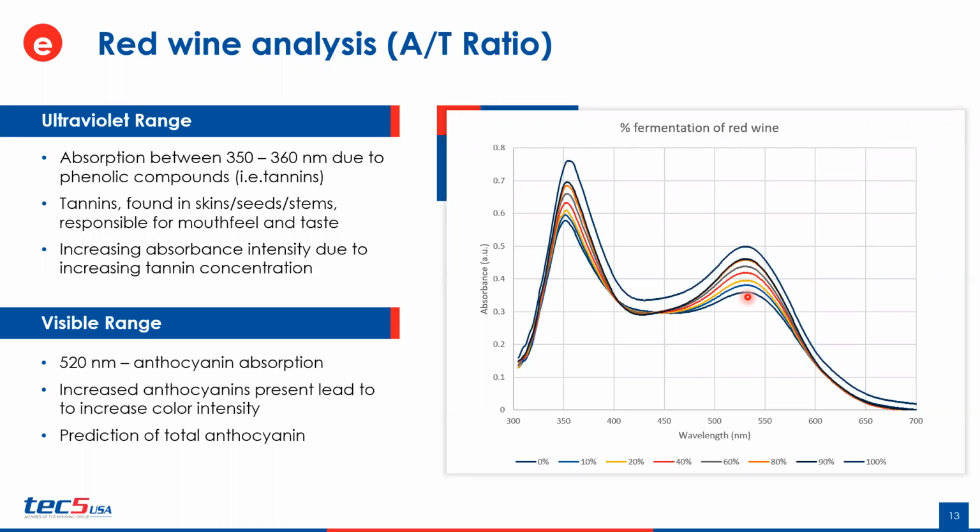You can see the increased intensity in concentration, or in the absorbance, as you go to longer lengths of time. And this directly relates to the prediction of the total anthocyanin. So allowing you to get a concentration measurement of the levels of anthocyanin, and ultimately you're able to determine this ideal A to T ratio in your broth.